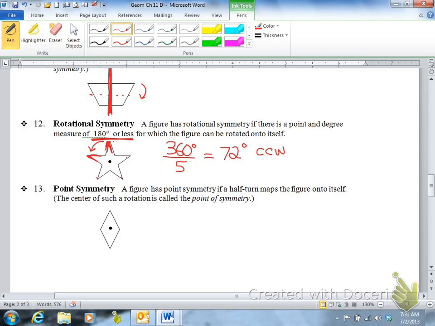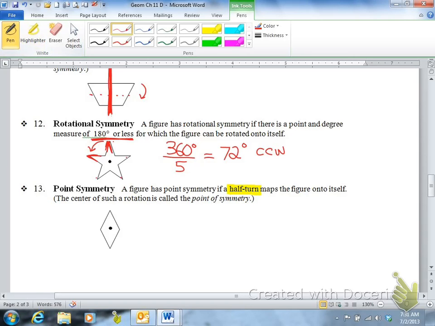And the last type of symmetry is point symmetry. A figure has point symmetry if a half turn maps the figure onto itself. The previous example, rotational symmetry, can be any degree 180 degrees or less, compared to point symmetry, which has to be a half turn.